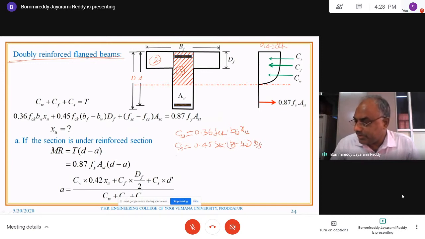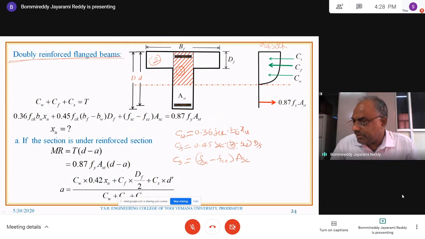And what is one more term? Compressive resistance of the steel reinforcement. Whatever formula is used in the doubly reinforced section is the same now: (FSC minus FCC) multiplied by ASC.